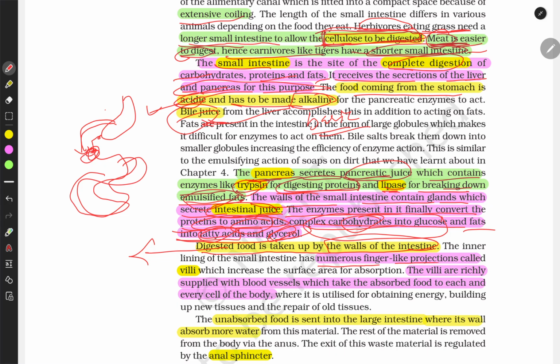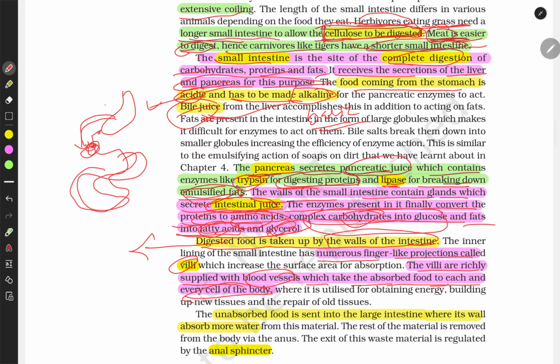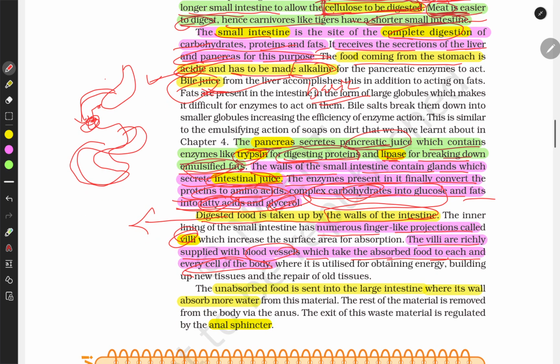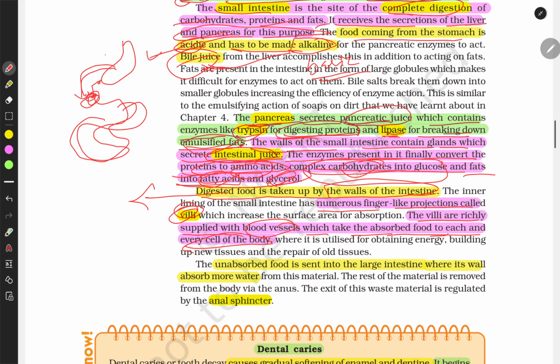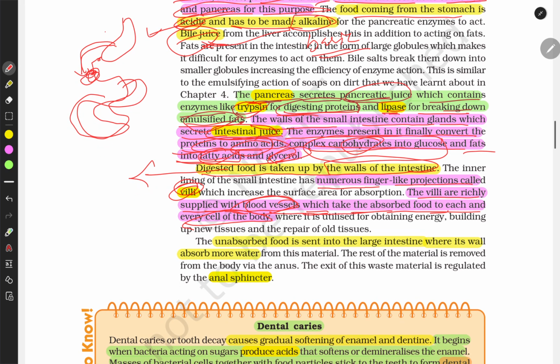The numerous finger-like projections called villi are there in the walls of the intestine, and villi are richly supplied with blood vessels, which take the absorbed food to each and every cell in the body. So villi are the things which absorb the food. Why? Because they have a lot of blood vessels, and this food is absorbed by the process of diffusion.